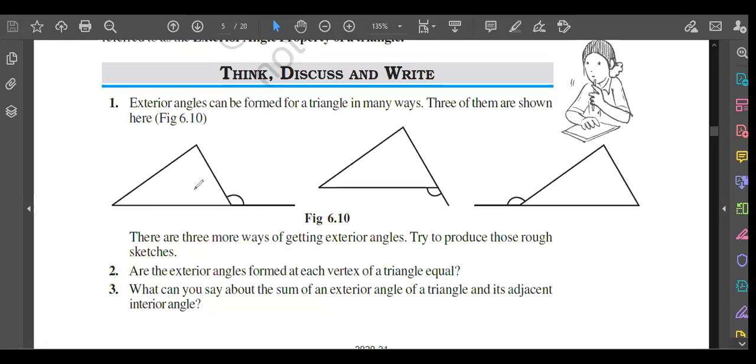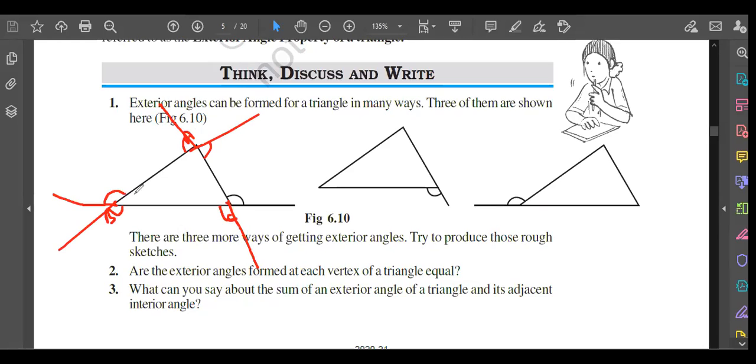This is angle A, this is angle B, this is angle C. Now this is one exterior angle, but if you extend this side, you will get the second exterior angle. Yes, very good, Daksh. In the same way, for each vertex, so in any triangle, we will have 6 exterior angles.